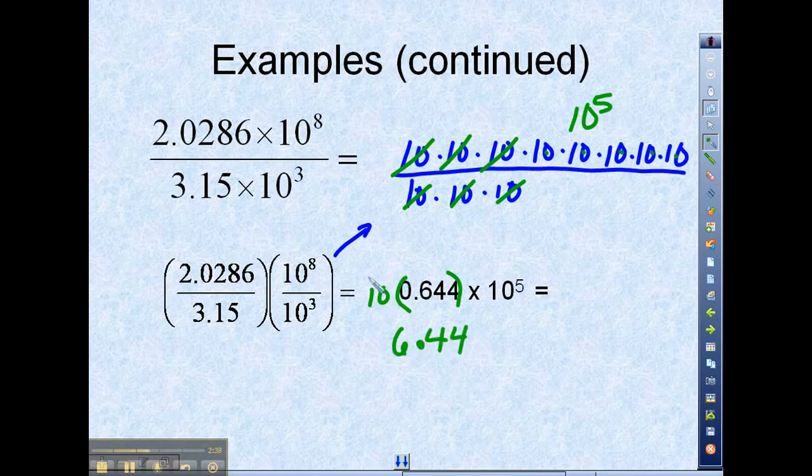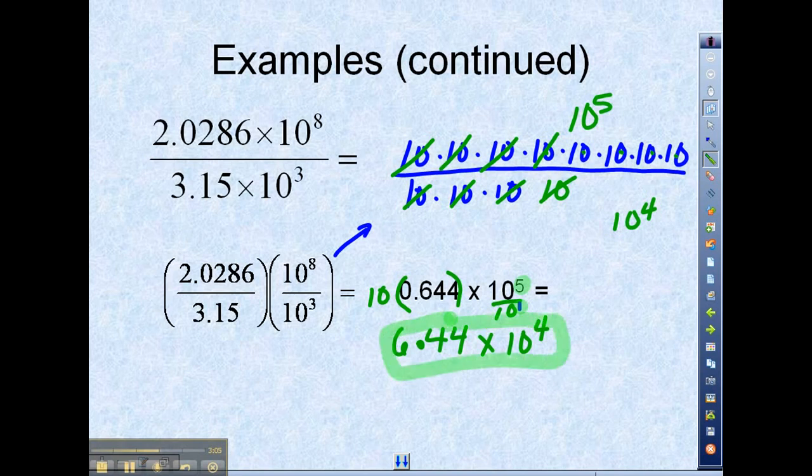Now to compensate for multiplying by 10 here, I've got to divide this by 10 here. If I pop up another 10 here, these will cancel out, and now I have 10 to the 4th power. Let me put a 1 exponent here. Wonder how you got 10 to the 4th power out of that and that. Anyway, this right here is your final answer for that division problem.